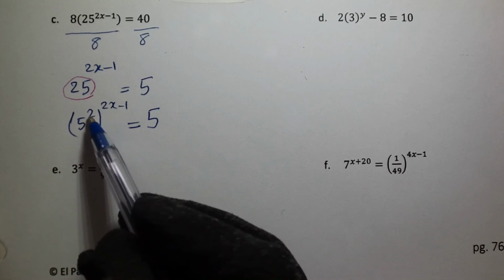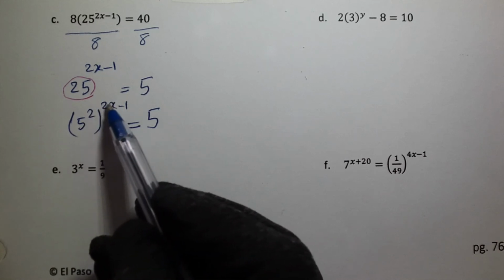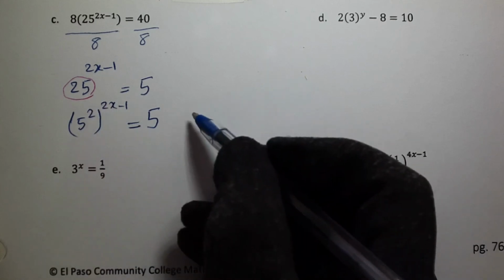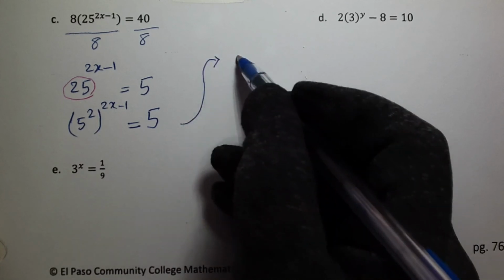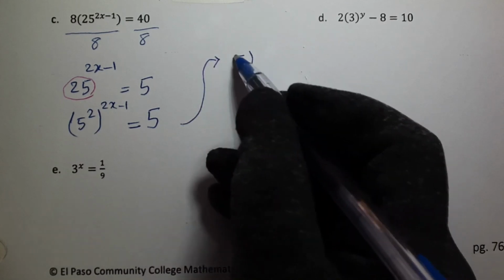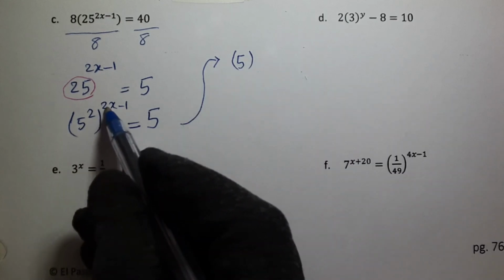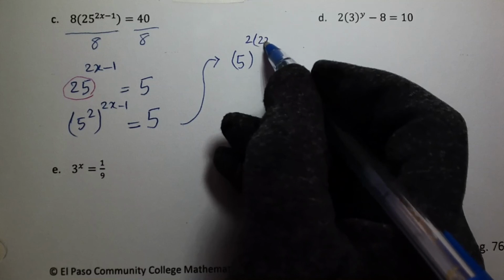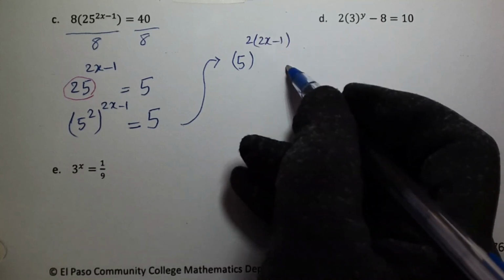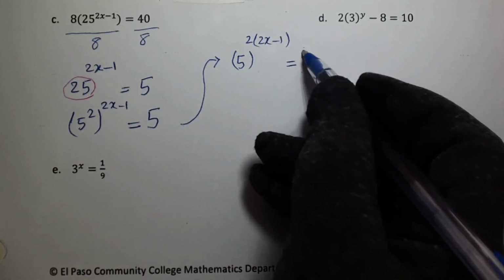Now using the rule, these two exponents will multiply by each other. So we will have 5 to the power of 2 times 2x minus 1 equals 5 to the power of 1.